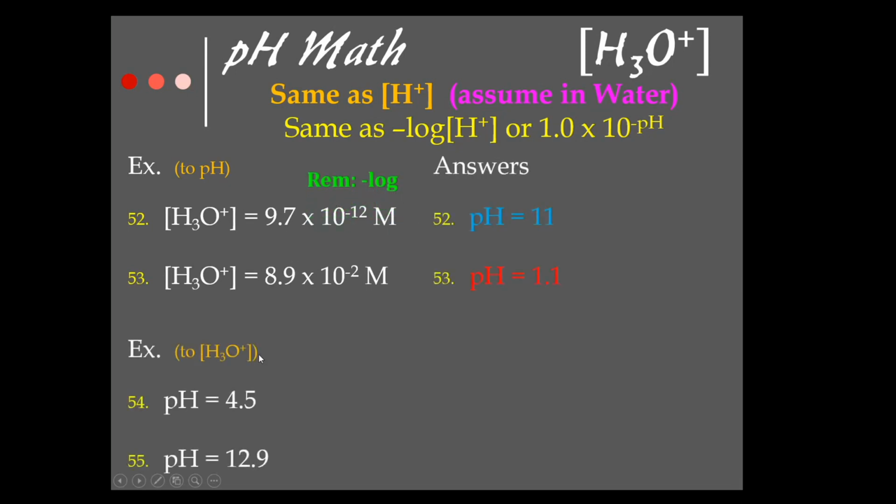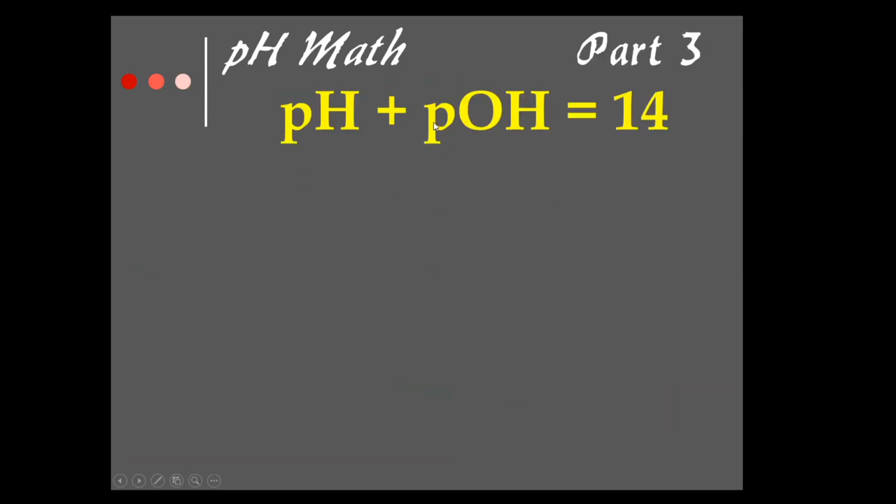You're going to go to the concentration using 10 to the negative power in scientific notation. Nothing changes with this except how it's worded. And I have to show this to you because some of the people who work on the final exam like to word it this way with hydronium. I prefer to word it with hydrogen. It doesn't matter, it's the same thing.